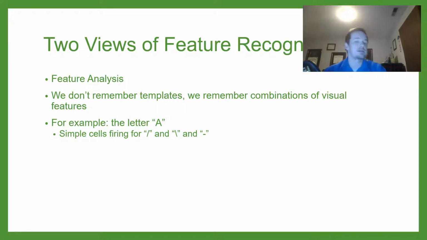So feature analysis is essentially that we don't remember templates, that we don't organize our perception with templates. Instead, we do it based on different combinations of features, different ways in which these lines share some kind of relationship with one another. So, as an example, just to use the letter A one more time.